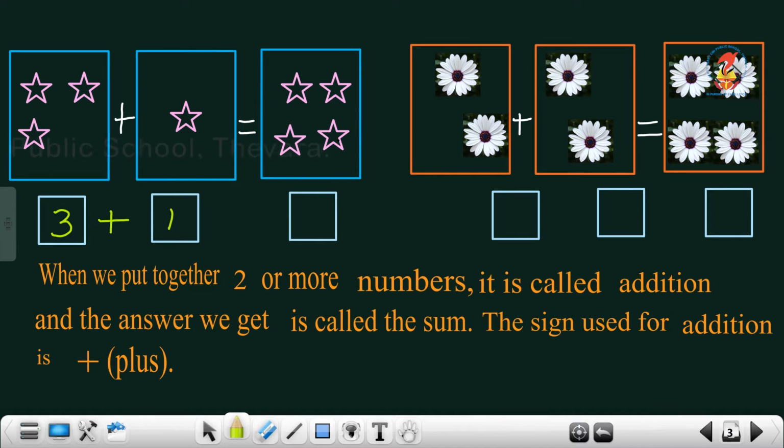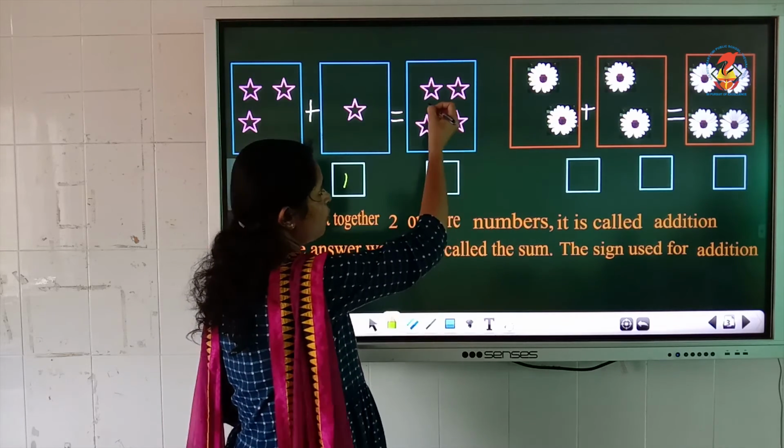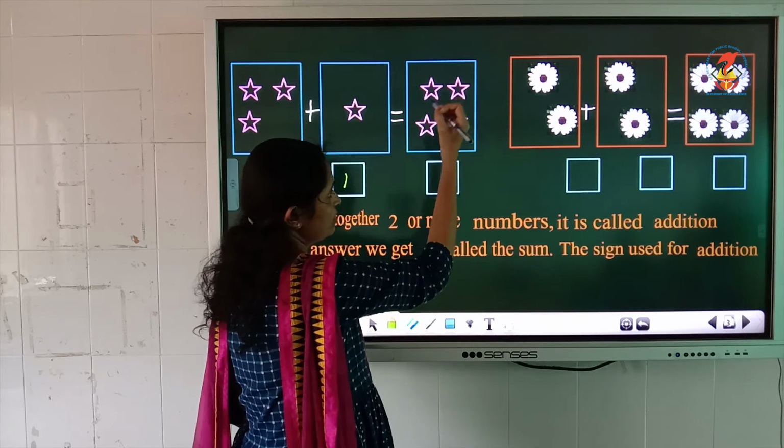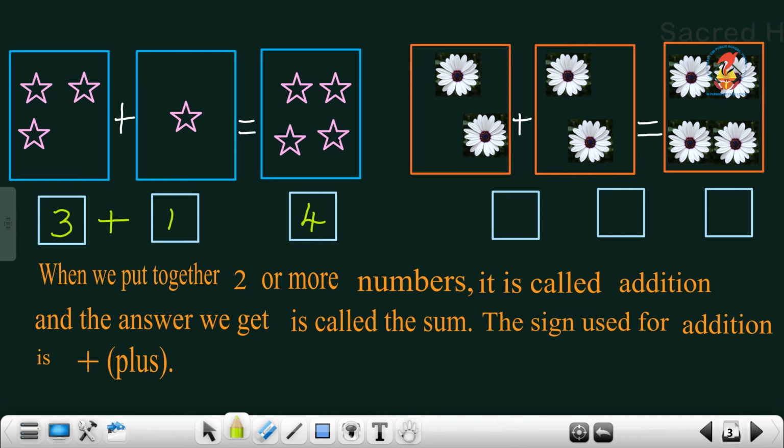That is, we are going to add them. And we can check the last box. How many stars are there in the last box, children? 1, 2, 3, 4. So, you can write 4 here. And as I told you earlier, 3 plus 1 is equal to 4.